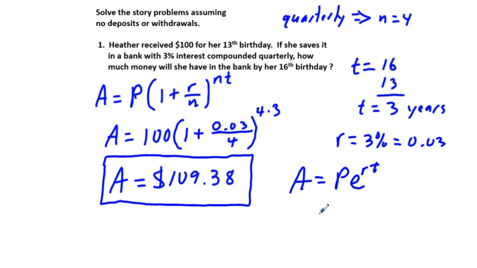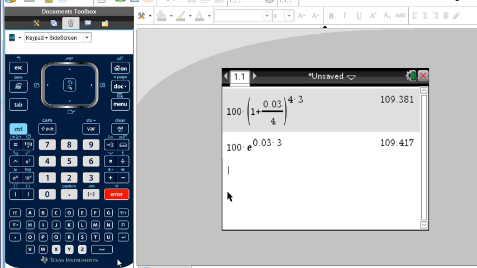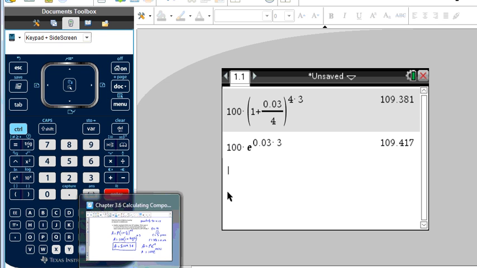So 100 e to the 0.03 times 3, and that amount is $109.42, 49.7 cents.